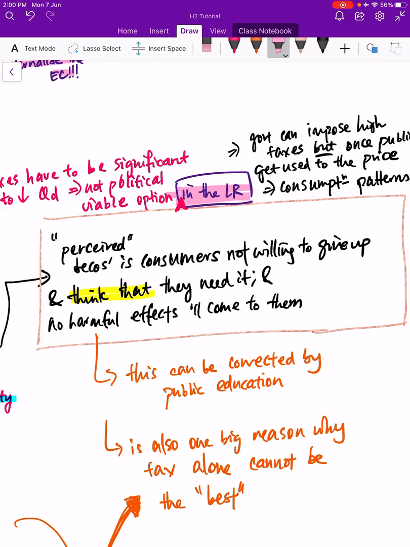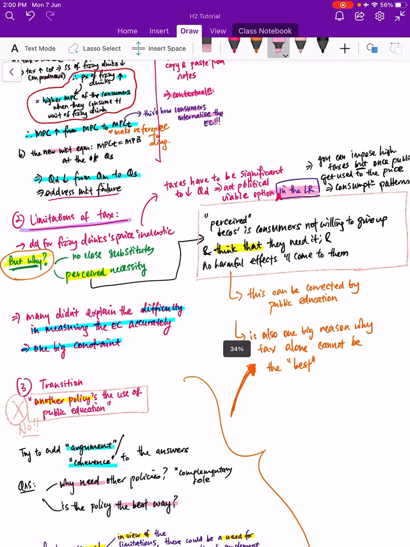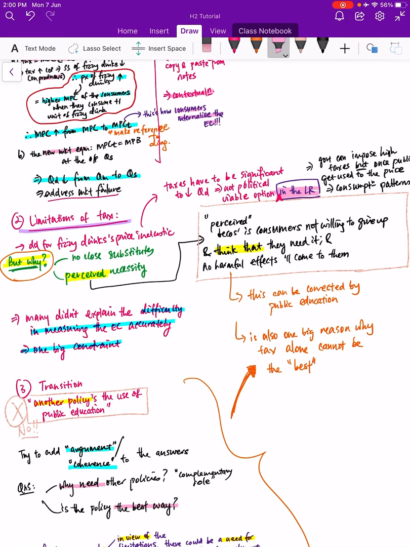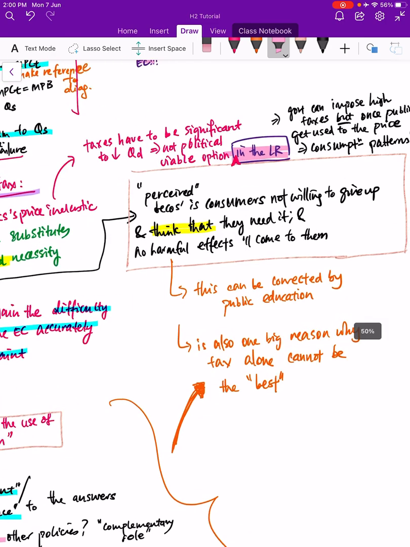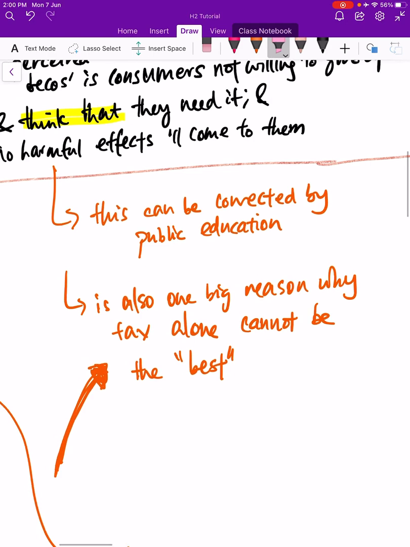All right, so this thing that I mentioned, okay, about the demand being very price inelastic, a perceived necessity, this is also one of the reasons why you will need public education. In fact, in order to educate consumers to give up consumption of these unhealthy drinks, it is through educating them.